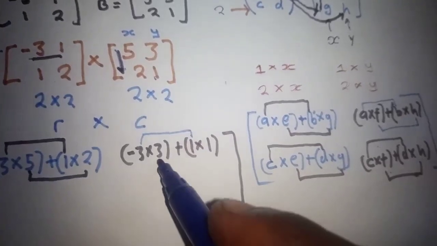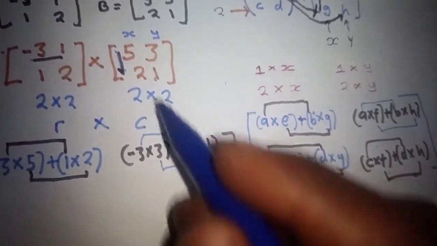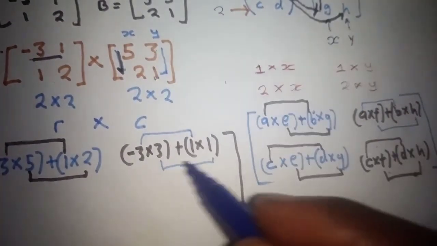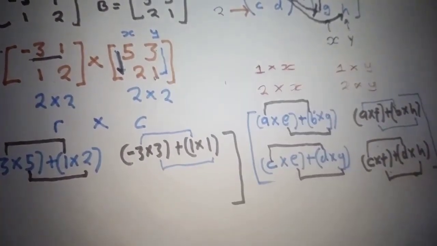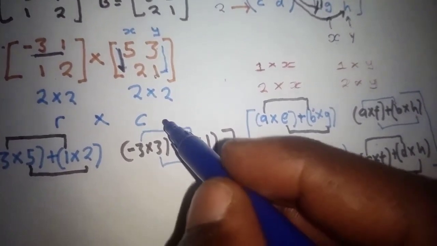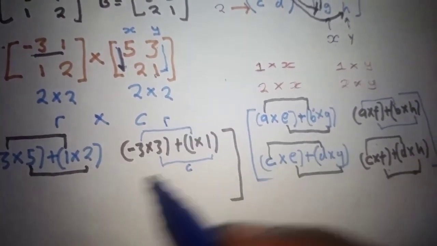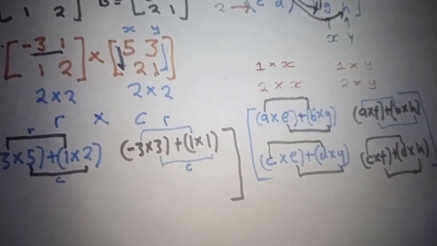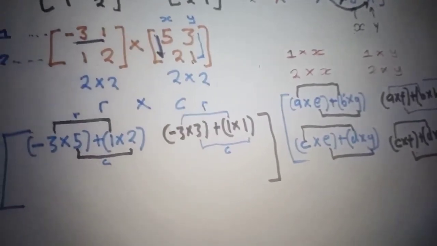Then 3 and 1 here, I should get 3 and 1 here. This is telling you about the row you're multiplying, and this is telling you about the column you're multiplying. Just pay attention nicely, you get it.